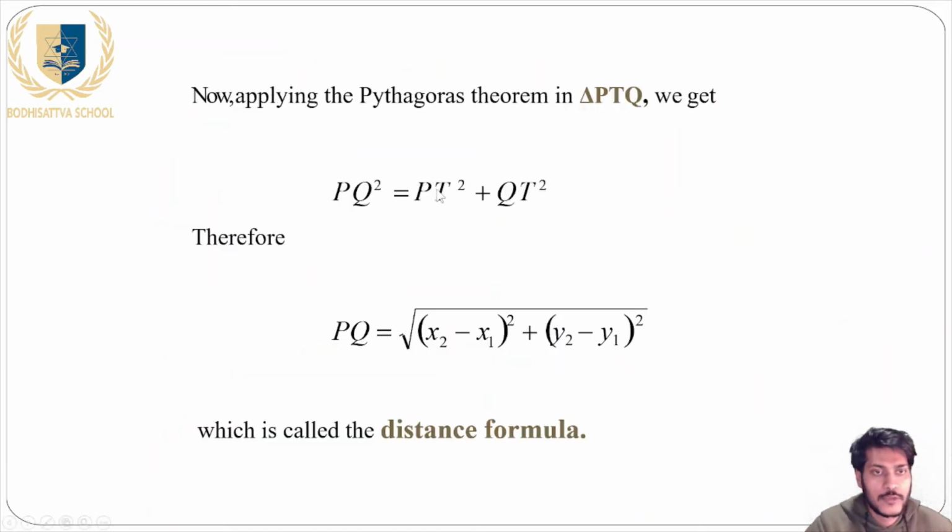PQ square is equal to PT square plus QT square, and here PT is x2 minus x1. So putting the value of PT, it becomes (x2 minus x1) square plus QT, which is y2 minus y1. After putting the value of QT, it becomes (y2 minus y1) whole square, and that is the required distance formula of coordinate geometry.